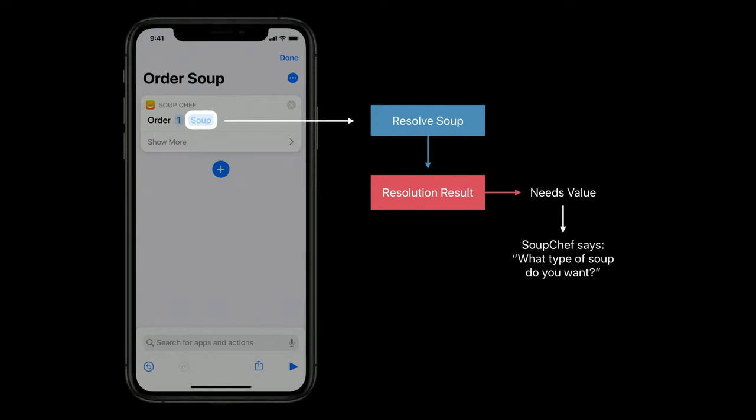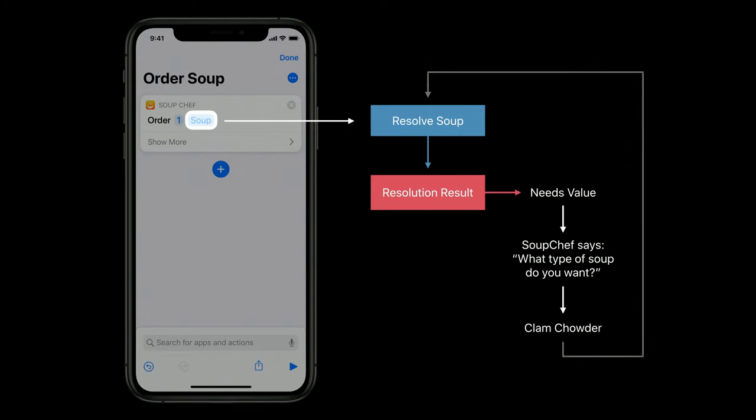So Soup Chef might say, what type of soup do you want? And the user can respond with something like clam chowder. Now, the input that the user says, clam chowder, will be filled into the intent, and the same resolve method will be invoked again with that input this time. So the app can decide what to do next. In this case, clam chowder is a valid soup, and we have it in stock. So the resolve method should this time return success, which will cause Siri to move on to the next parameter in the list.